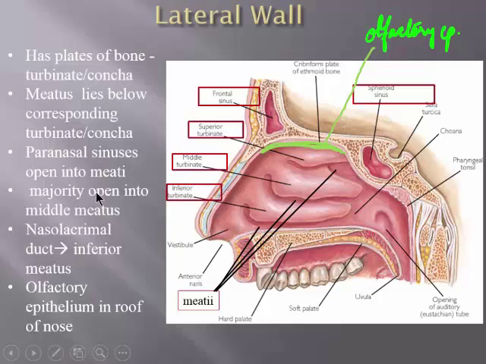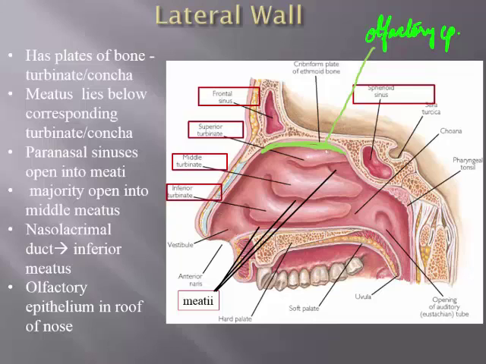So make sure you read these little bullet points up here, and we talked of paranasal sinuses which open into these meatus. The majority open into the middle meatus. Opening in the superior meatus are some ethmoidal air sinuses, and up here opening into a little recess present here.